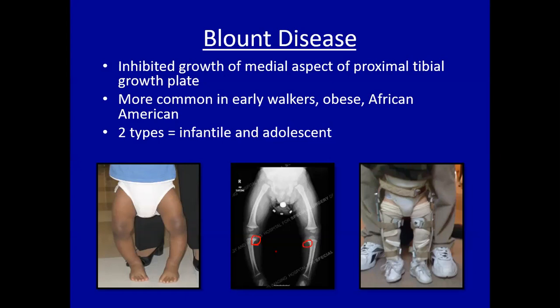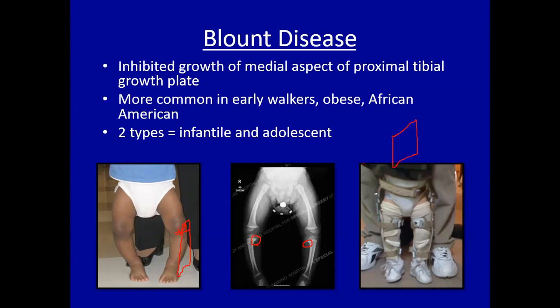So what happens is the tibia is growing in length, right? And this portion's growing just fine, right? But this portion's not. And so that's why you have this physiologic bowing as this angle. The tibia looks like this, right? So it's like if you're stacking blocks, this block is going to look like that.